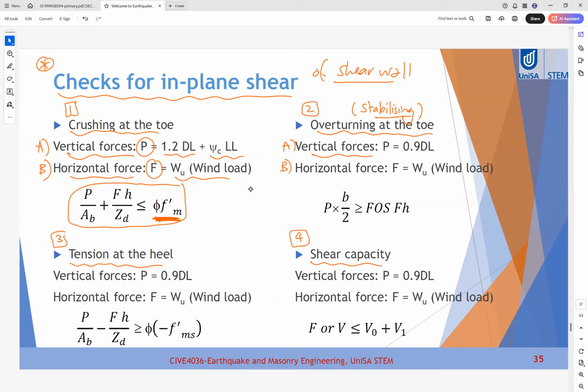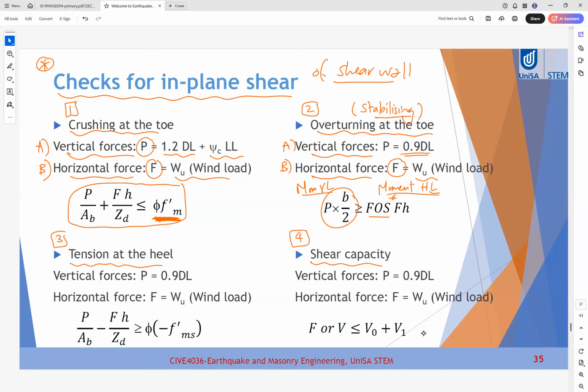So the vertical load will be only 0.9 of the dead load. For the horizontal force, again, it is the wind load. So in this case, N, the vertical load, times B over 2 should be more than the factor of safety times FH. So the moment of the vertical load should be equal to or more than the moment of the horizontal load.